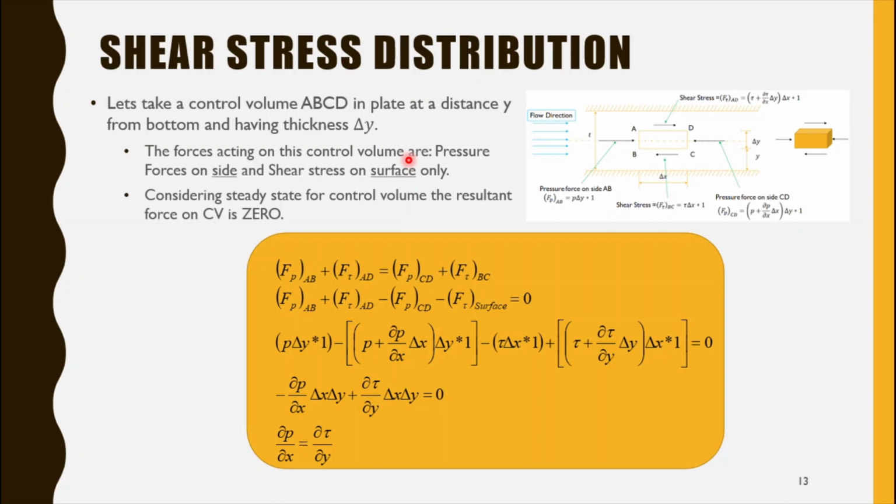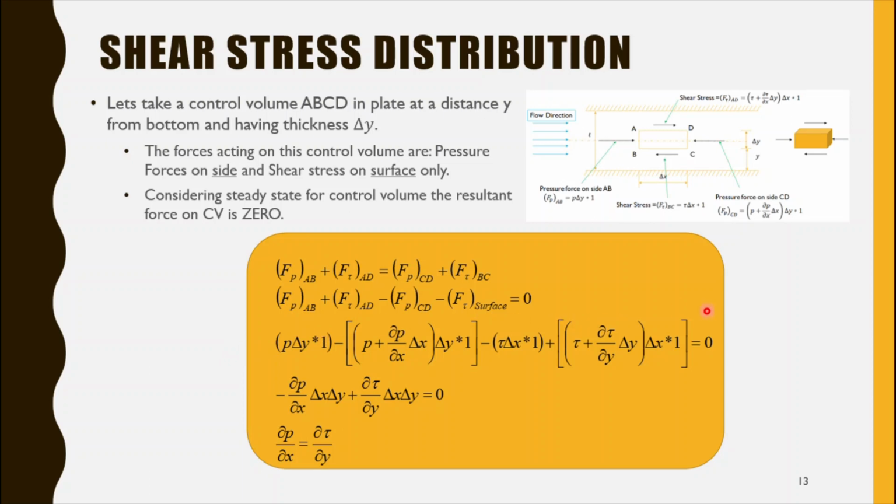We have already discussed that this is a steady flow condition, and for that the control volume has zero total force on it. So we can write: F_P on AB plus F_tau on AD is equal to F_P on CD plus F_tau on BC.